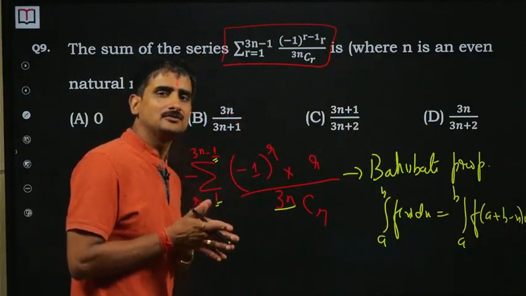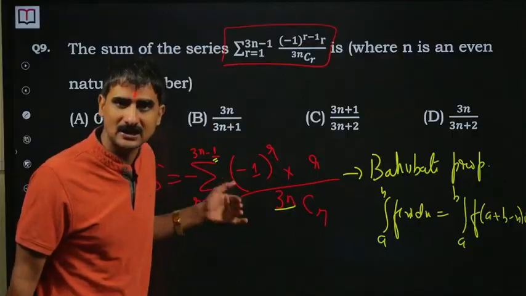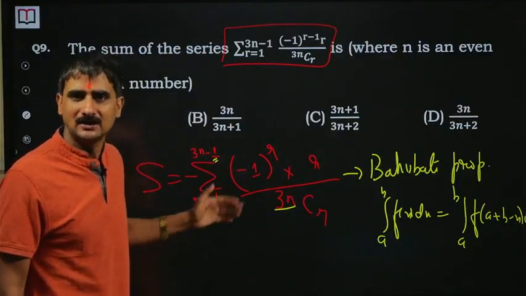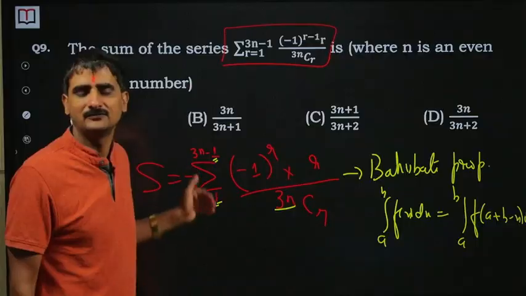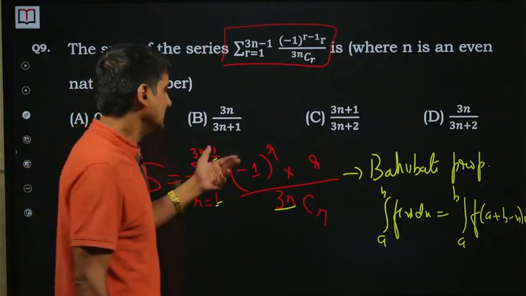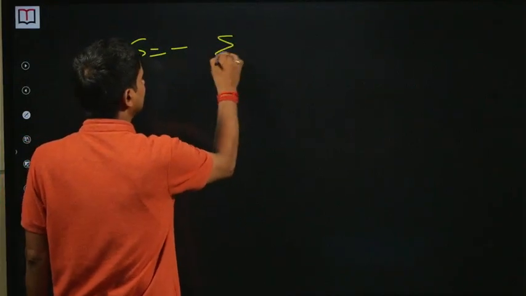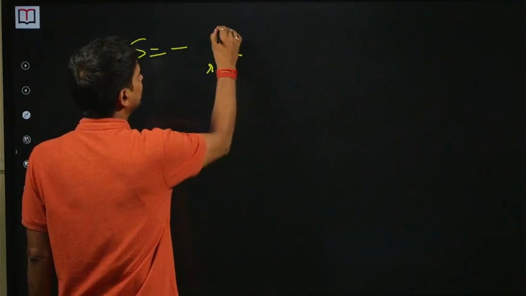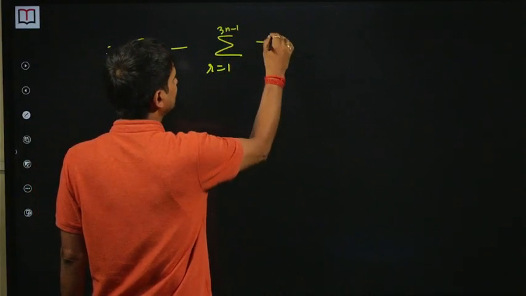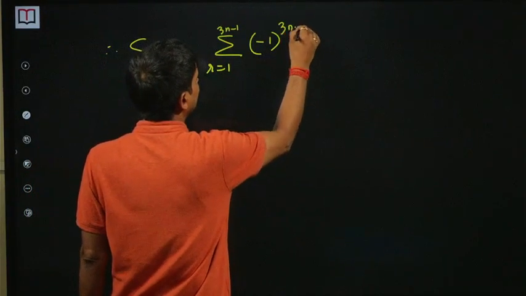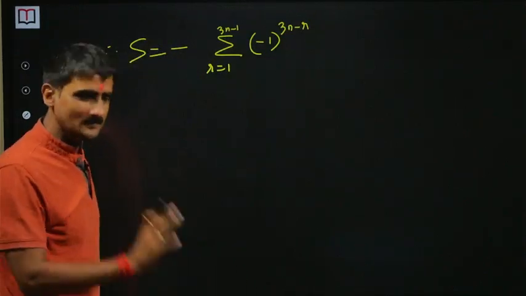The same thing I'm going to use here. The variable of summation is r, and if I replace r in the summation by the sum of upper and lower limit minus r, the value remains the same. So therefore S is equal to minus times summation r goes from 1 to 3n minus 1 of minus 1 raised to the power 3n minus r, isn't that?